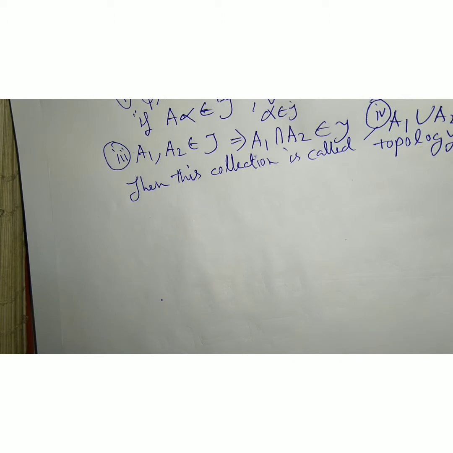What is topology? It holds four properties. Phi and X obviously belong to the topology, which is a sub collection of a set.